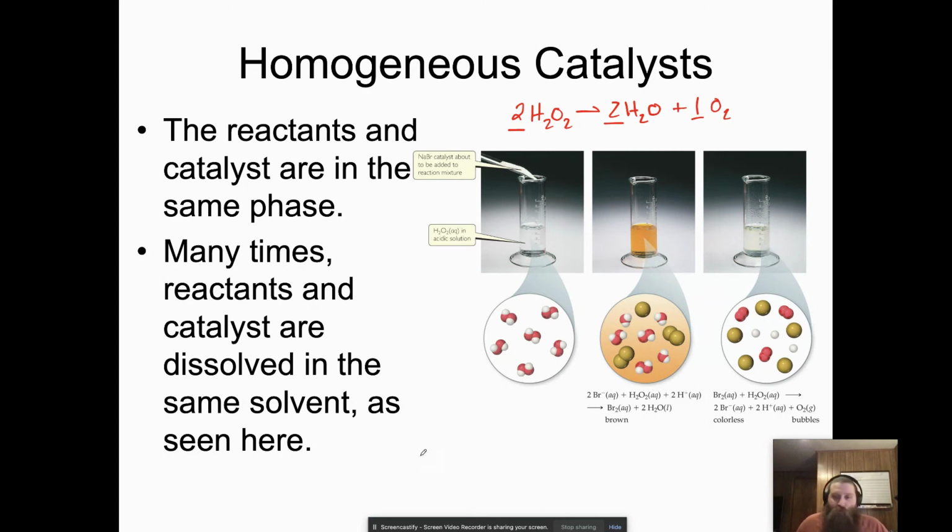Well, let's look at the steps. There are two steps. We have 2 Br minus reacting with hydrogen peroxide and 2 H plus ions to form Br2 and 2 waters.